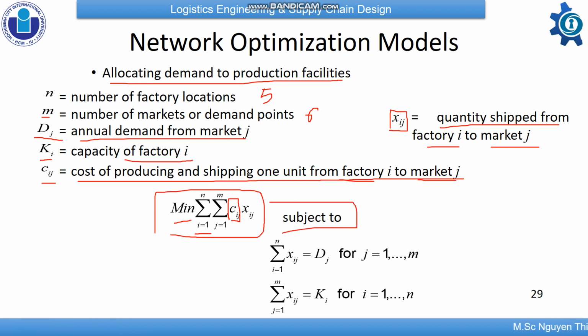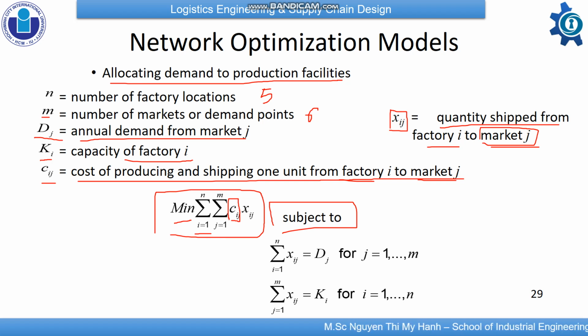And we have some constraints. The total quantity shipped to market j from all factories has to be equal to the total demand in market j, right?